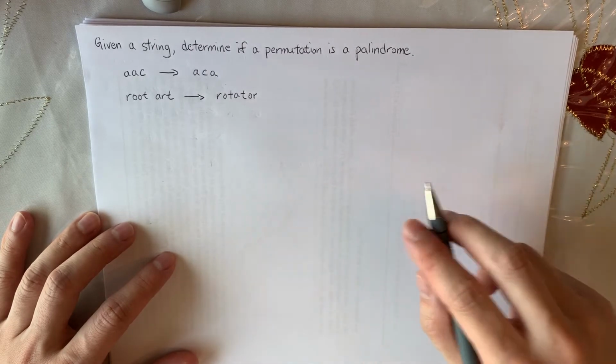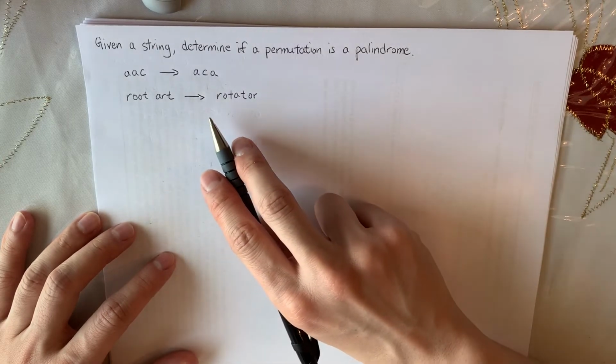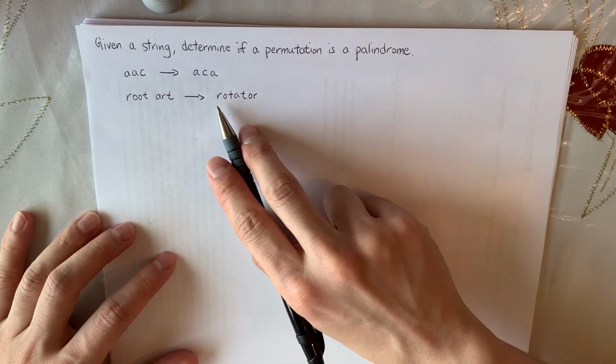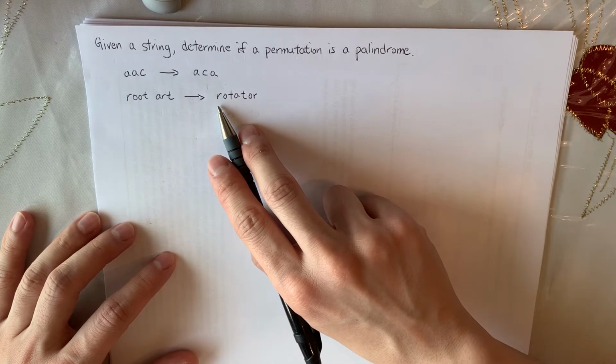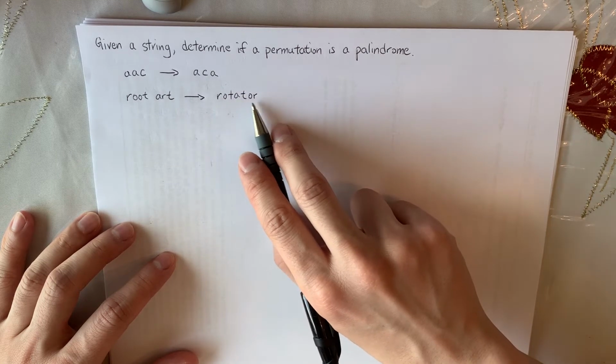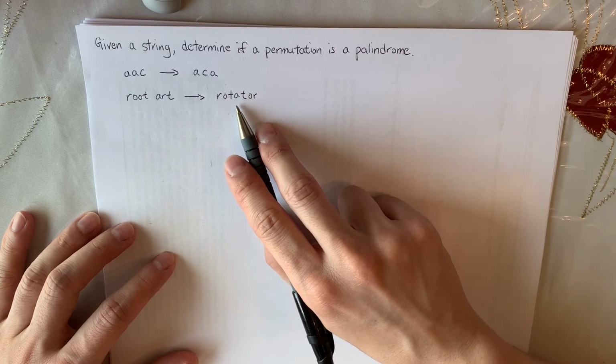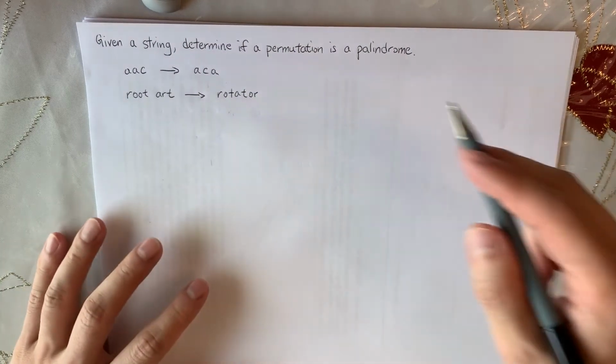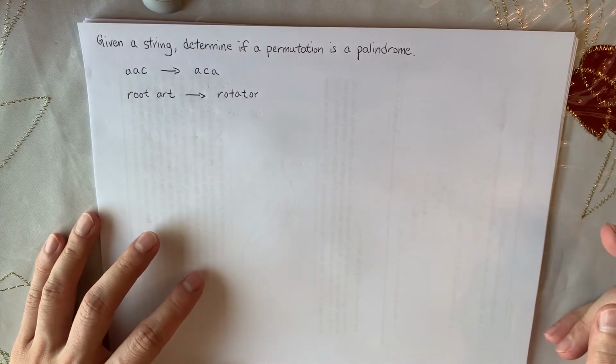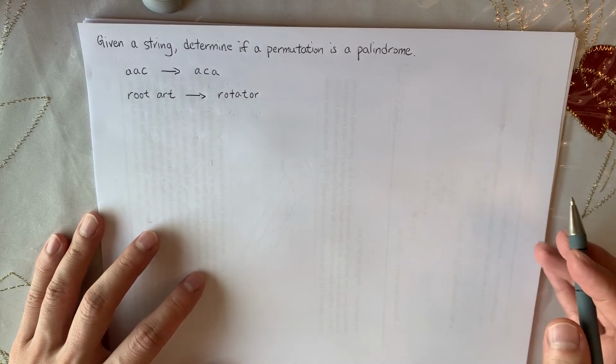So as you can see, in a palindrome, every character is either in a pair or there is one character in the middle that does not have a pair. So let's go ahead and solve this problem.